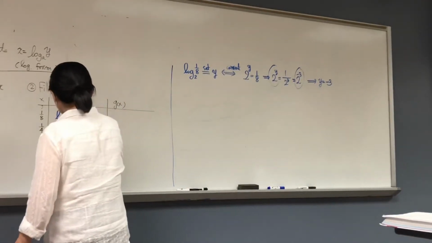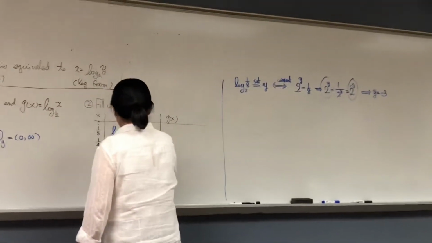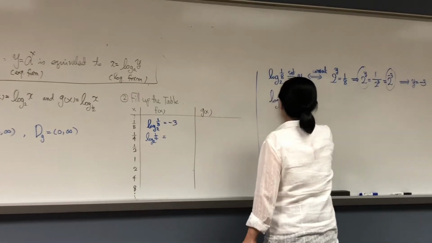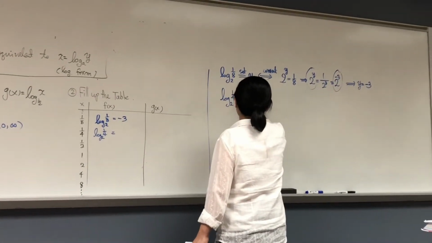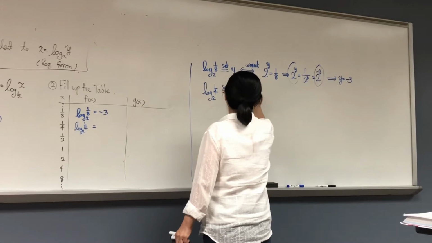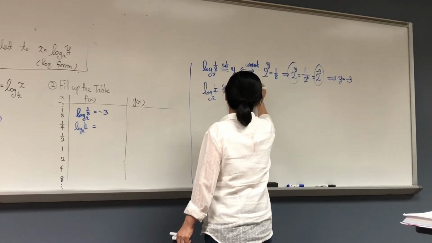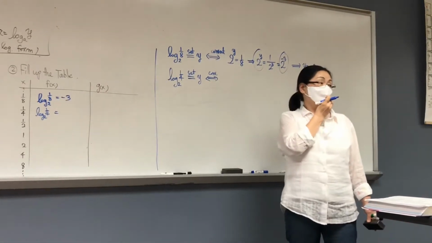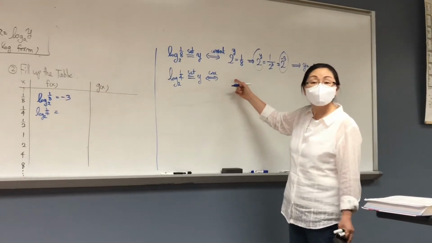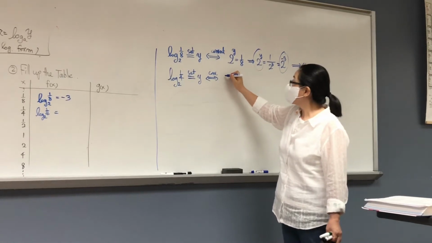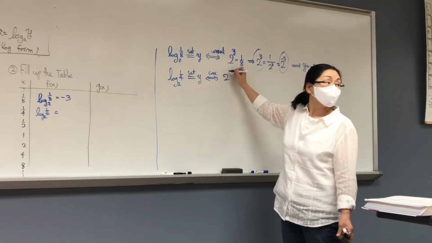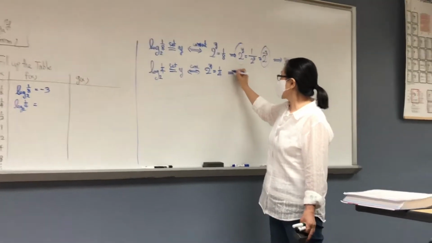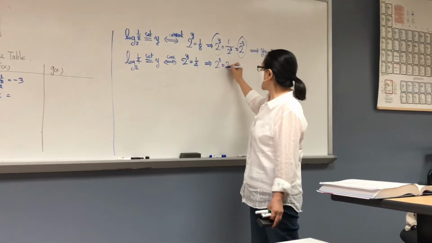How about this? Again, log base 2 of 1/4, set as y. How do you solve y? Convert, right? So what is the equivalent form? 2 to the y equal to 1/4. 1/4 is 2 to the what?